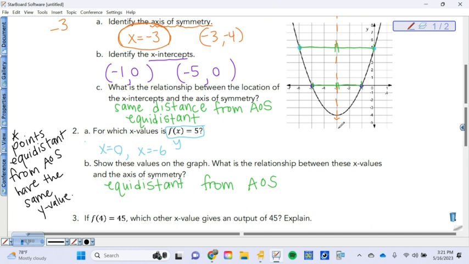What's the other x value that would give me an output of 45? Not -4. Remember, they have to be equidistant from the axis of symmetry.